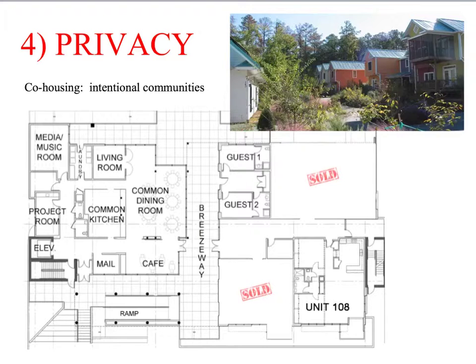Co-housing is another example of flexibility, where a group of individual families design and build a space that includes shared and private areas. For example, in Unit 108, you can see there's a kitchen living space, 2 bedrooms, and a half bath.